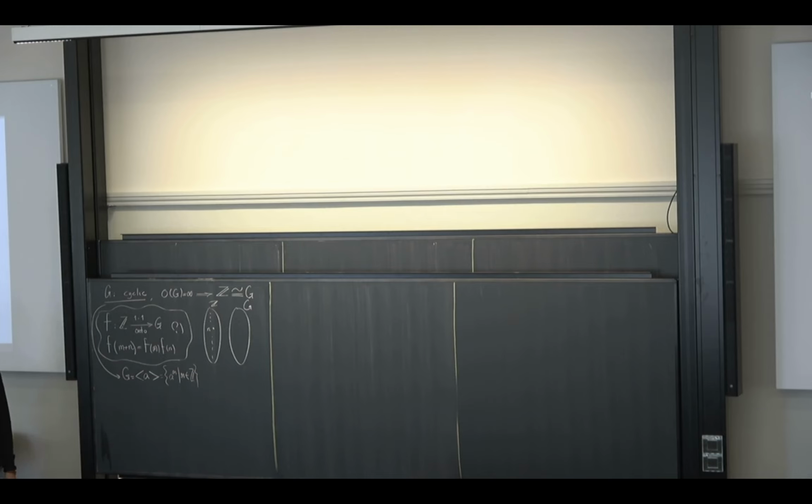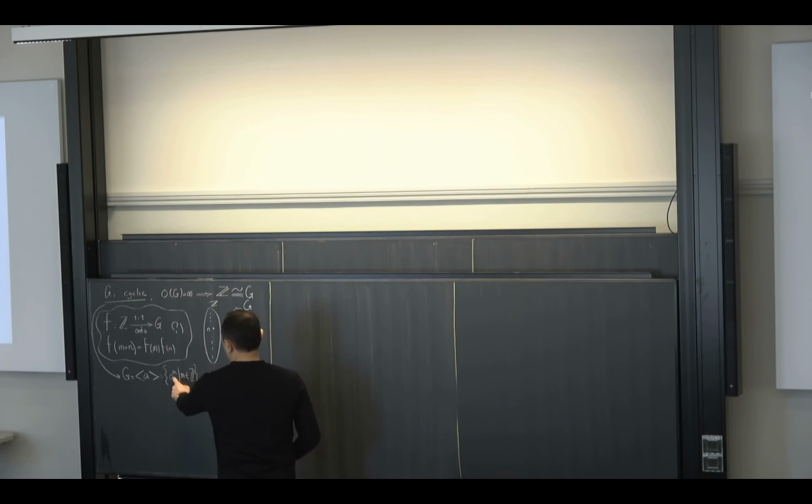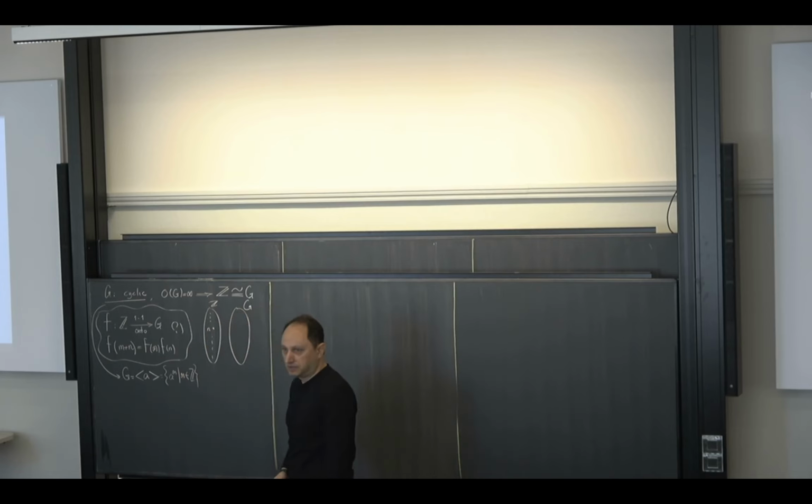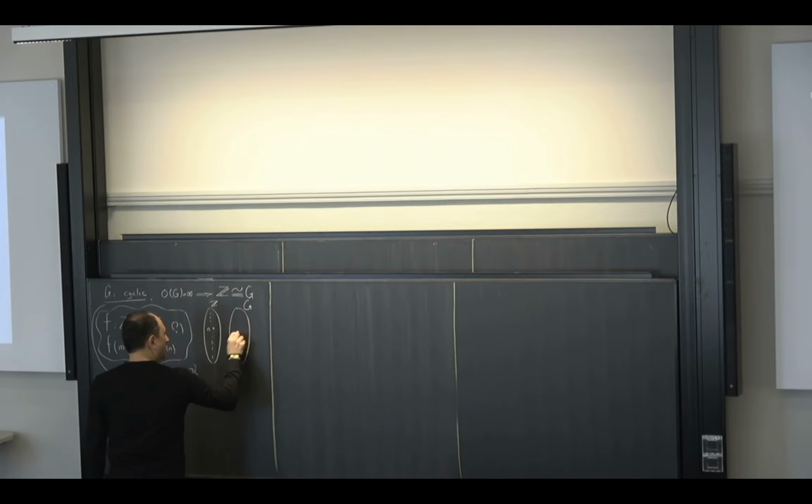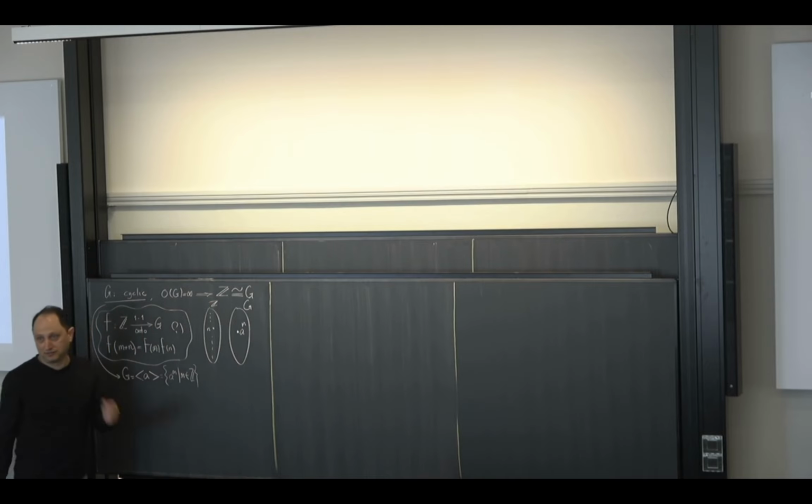Yes? Okay, so this means that the elements of G are powers of a. So for example, you have a to power 0, which is identity, a to power 1, a to power 2, and a to power minus 1, a to power minus 2, etc. Okay? And one of them is what? One of them is a to power n.